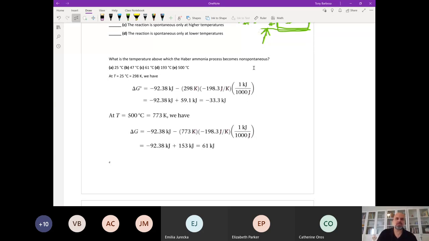You need a negative number, right? When does it become non-spontaneous? As soon as it moves away from equilibrium. What is delta G equal to at equilibrium? This is Dominic's question, right? 0. At equilibrium, delta G is 0. So can everyone think of a way to find what temperature?